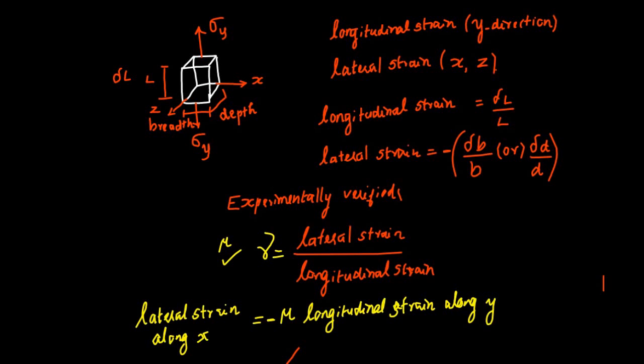Maybe in the next step I can write it even more clearly using mathematical notations. We can write the strain along the x direction, because there is going to be strain along the x direction because of the load acting along the y direction.